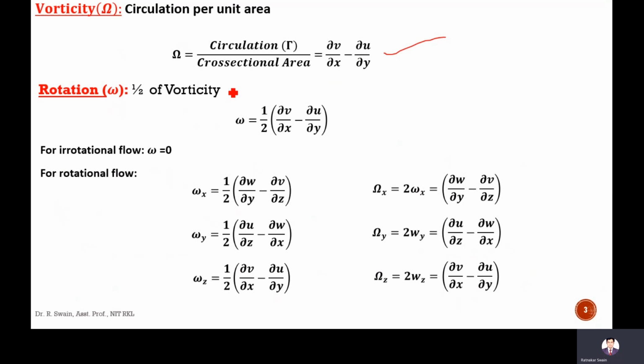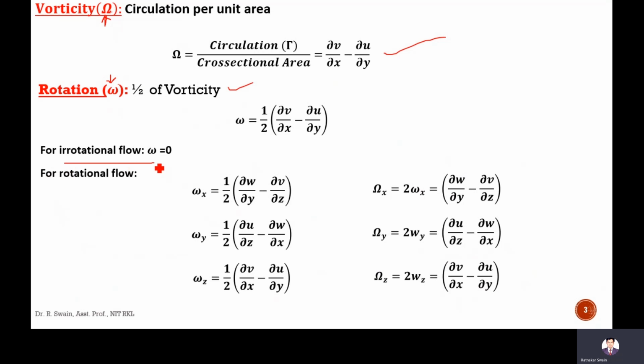It is vorticity by 2, which is half of del v by del x minus del u by del y. The notation for vorticity is omega, the capital letter in Greek. Rotation is also omega, but in Greek it is the small letter.